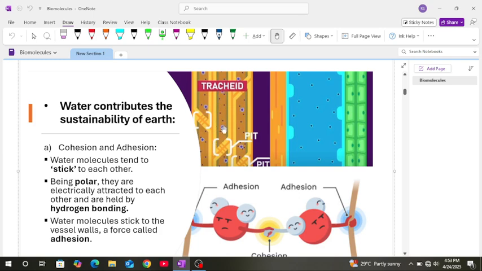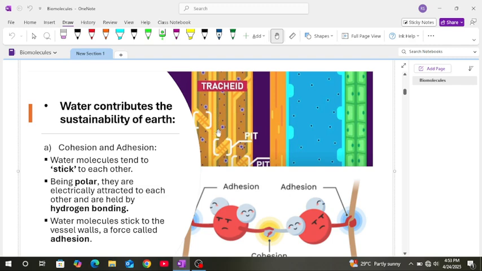These tracheids have a specific property as they exhibit pits. And now what are these pits? Pits are simply, you can say, like the holes present in the tracheids, and these help in the ascent, or you may say upward movement, of water molecules. And now when the water molecule moves upward from root to the leaves, they start sticking to the xylem wall.